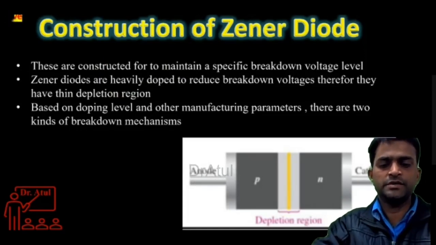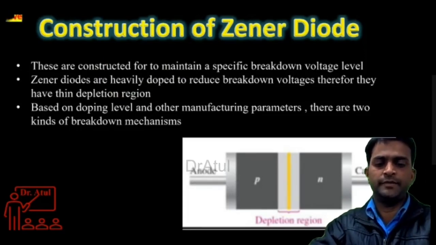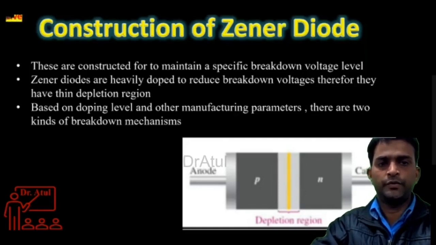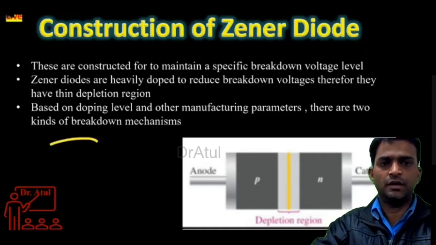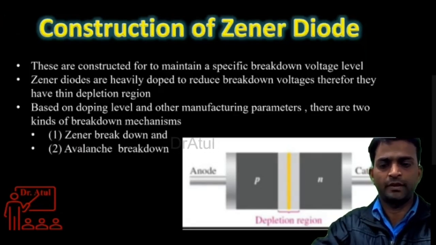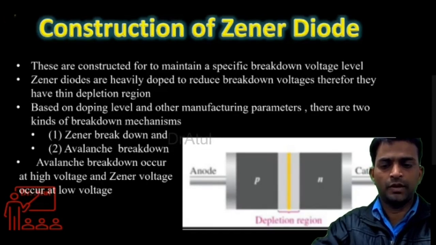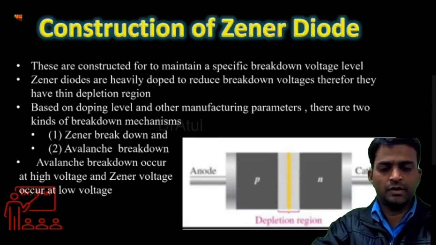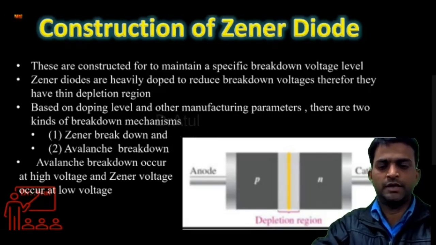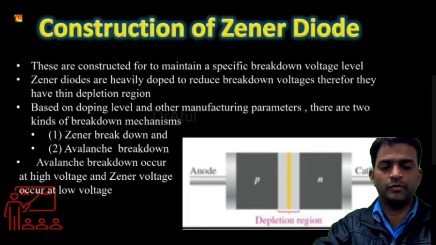Based on the doping level and other manufacturing parameters, there are two kinds of breakdown mechanism you must have heard of. One is avalanche breakdown, and the other is Zener breakdown. Avalanche breakdown occurs at higher voltage, and Zener breakdown occurs at lower voltage.